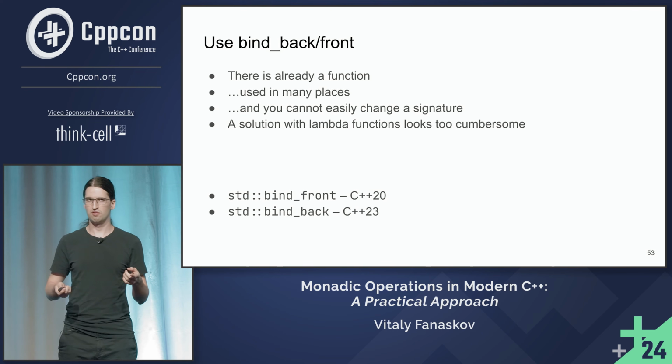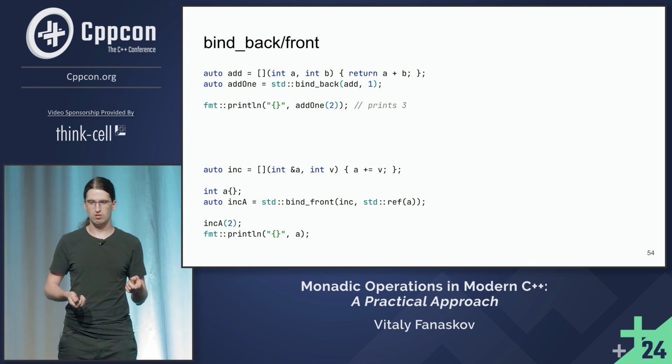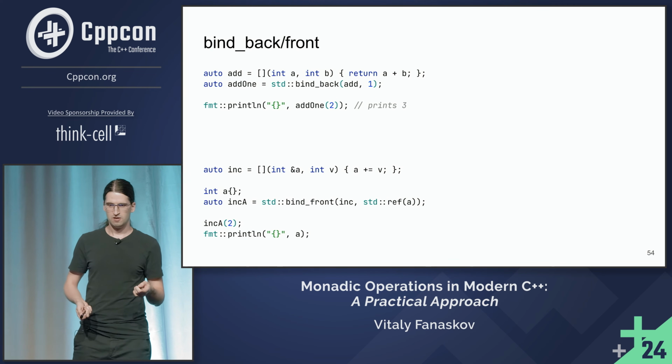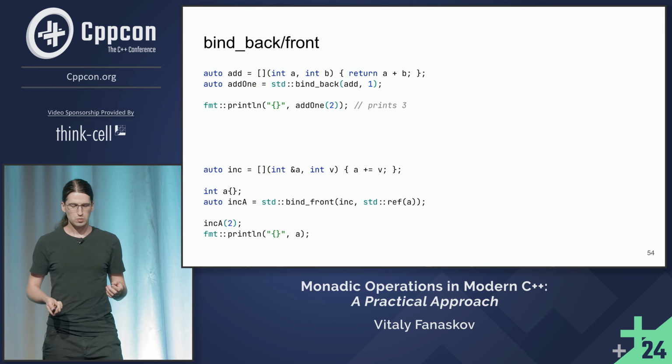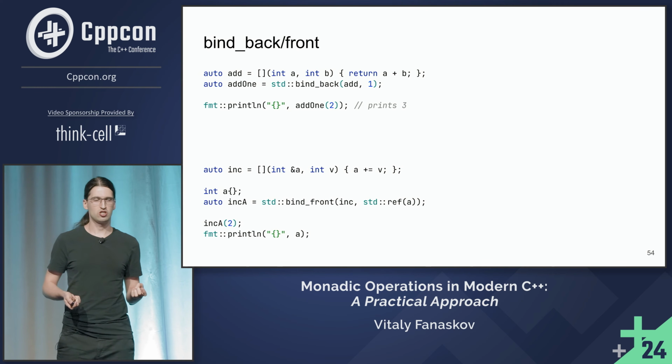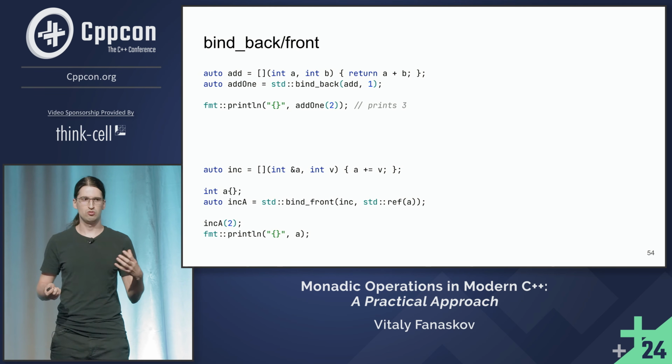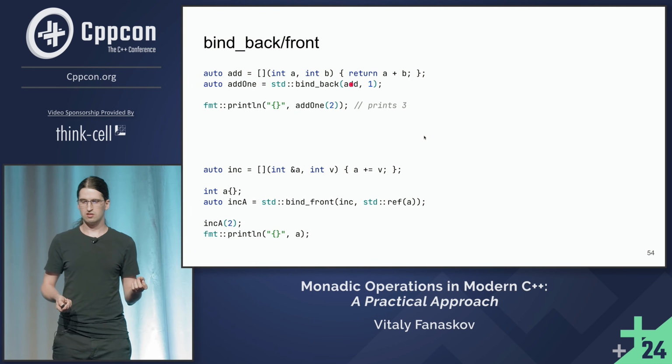But there are not many people familiar with bind_back and bind_front, so I have this slide with the description. Imagine that we have a function to add two numbers, two ints. Then we have std::bind_back. What we do is pass this function add to bind_back, and then we have this number, 1, for instance.